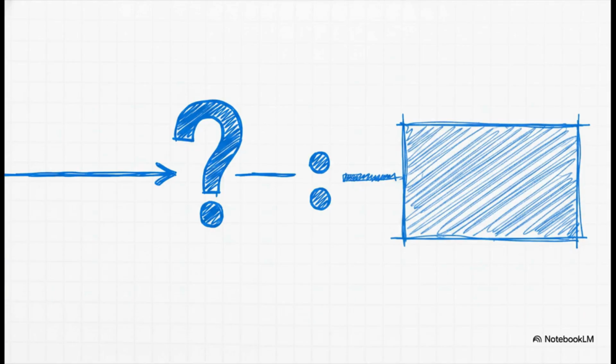It calculates 5 modulo 2. The remainder of 5 divided by 2 is 1. So is 1 equal to 0? No way, absolutely not. So the condition evaluates to false. Because it's false, the computer completely ignores whatever is sitting immediately after the question mark. It jumps directly to the colon, our false gate, and executes the expression right there, printing odd. Boom! 1 line, 1 split-second decision, perfect logic.